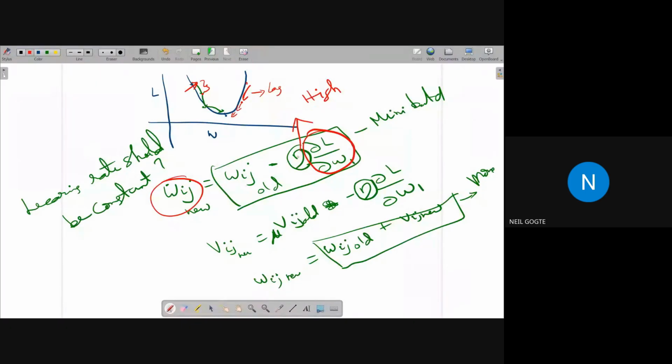So the intuition is that initially let the nu or learning rate be large, doesn't matter, because we will move in fast steps.